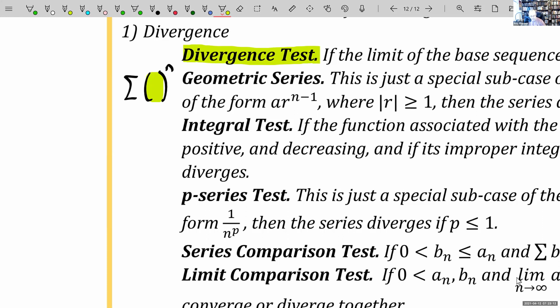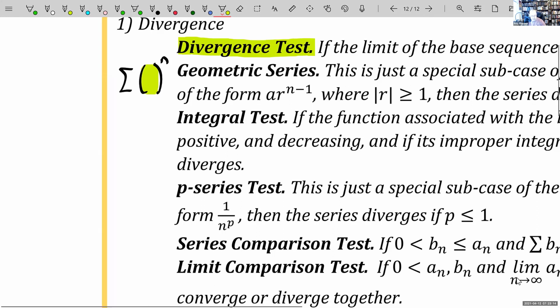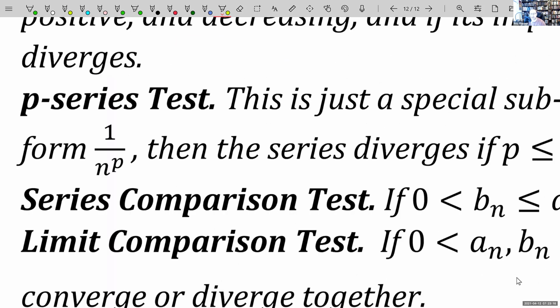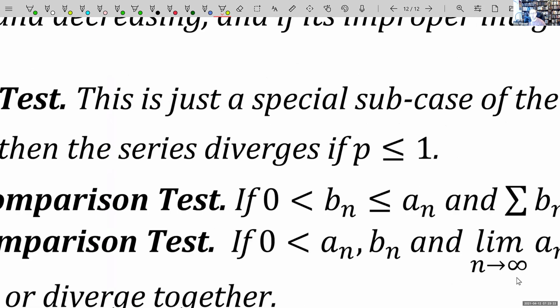Between the two of these, I much prefer the limit comparison test because I don't have to establish an order for the sequences my series are based upon. In other words, with the limit comparison test, I just need my sequence terms to be positive or at least non-negative.